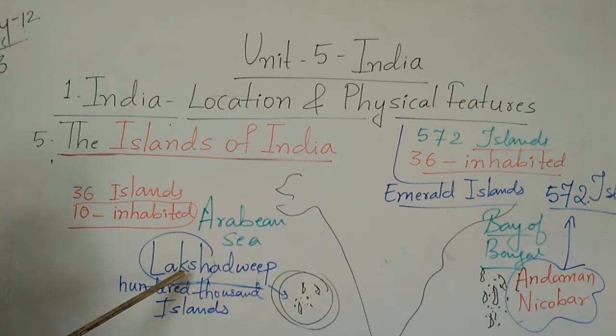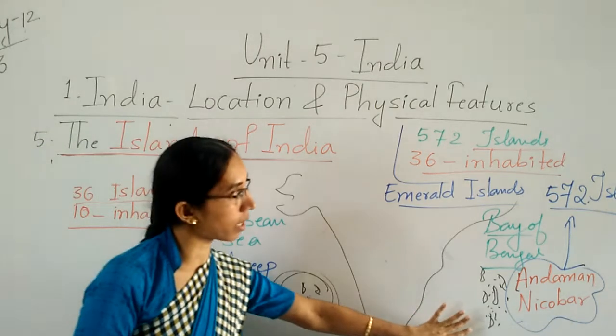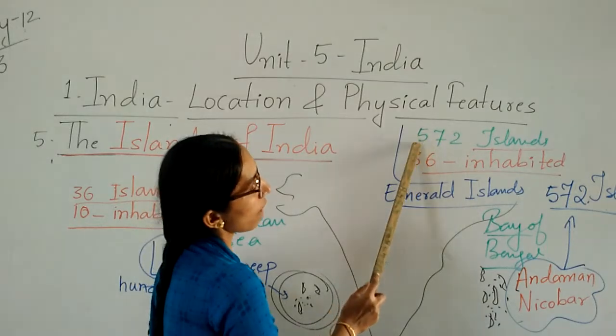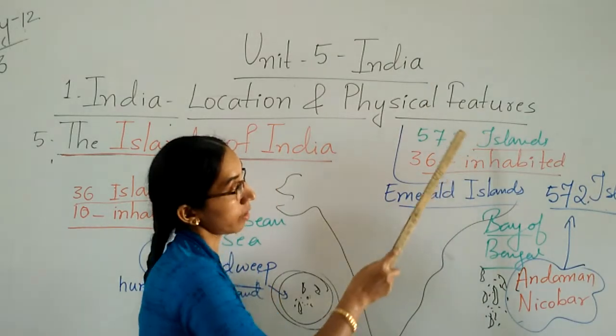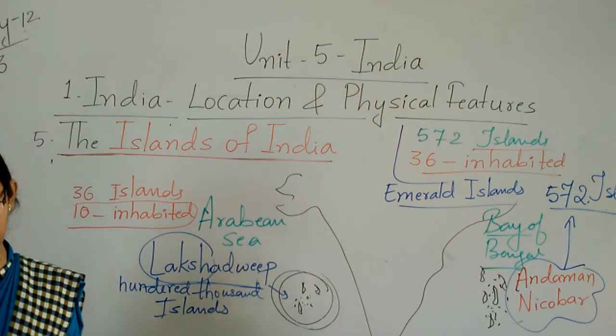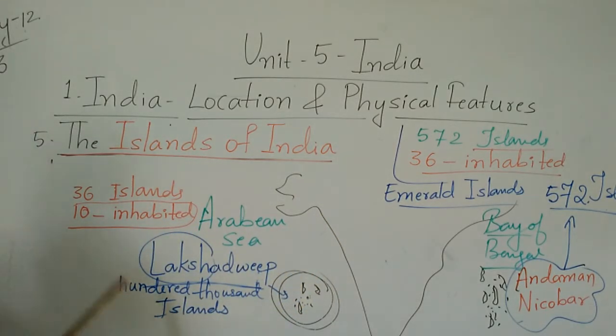The Lakshadweep group has 36 islands, and in that 36, only 10 islands are inhabited. But when you see the Andaman and Nicobar, the group of islands is 572, and in that 36 islands are inhabited.